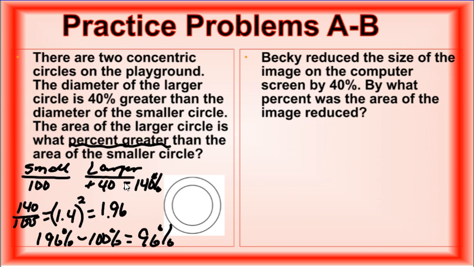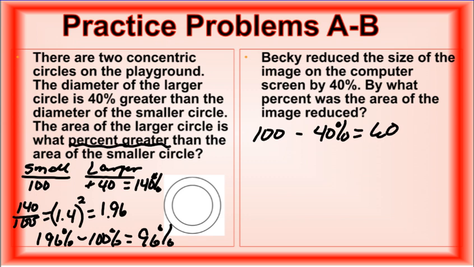Next one, Becky reduced the size of the image on the computer screen by 40%. By what percent was the area of the image reduced? So we always start with the 100%, and it says that it was reduced by 40%. So if I subtract the 40%, that will give us 60%.